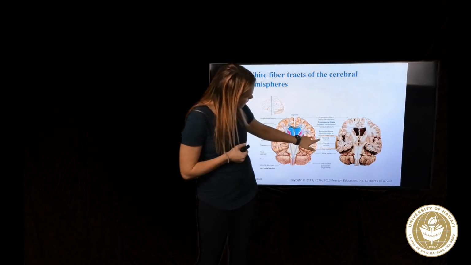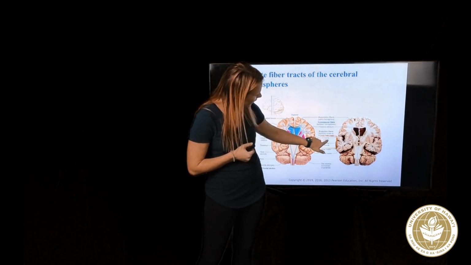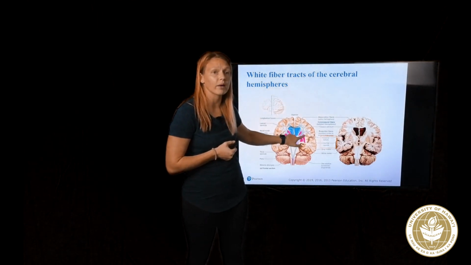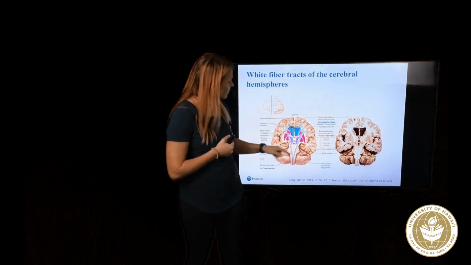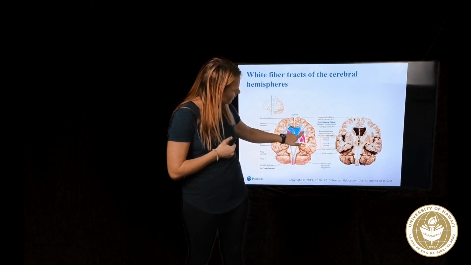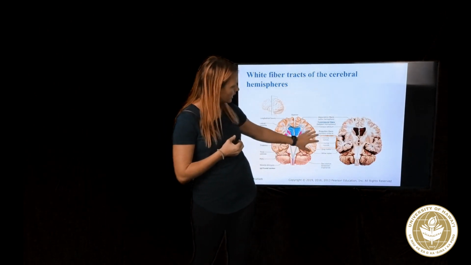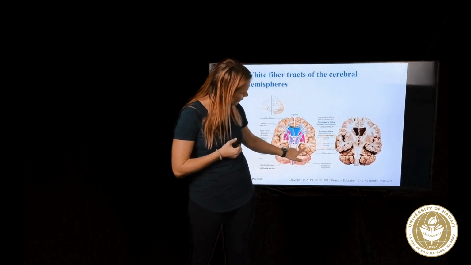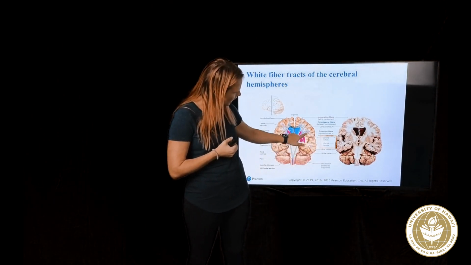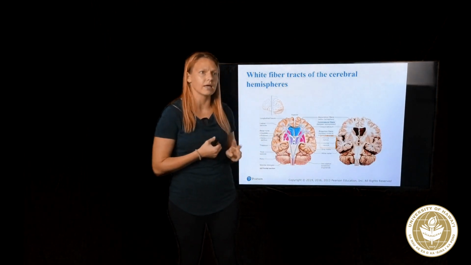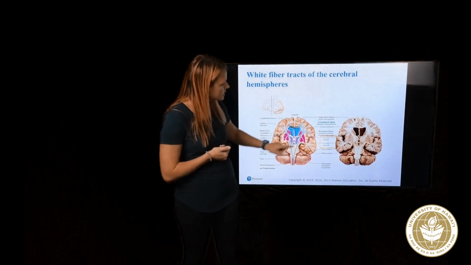We also have this corona radiata right here. That's the projection fibers that radiate through the cerebral white matter to the cortex, right? So those are a few areas I wanted to point out, your internal capsule and this corona radiata. Otherwise, you have those three different types of white fiber tracts.